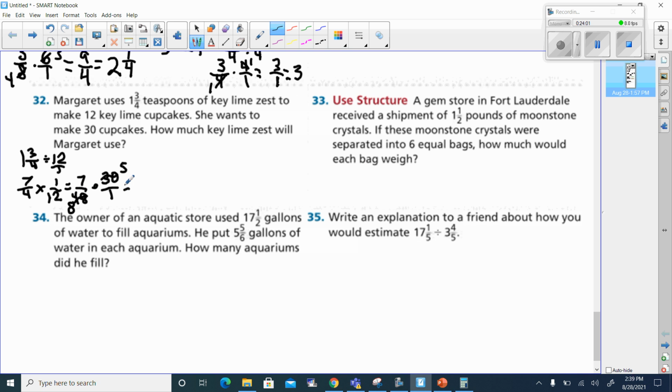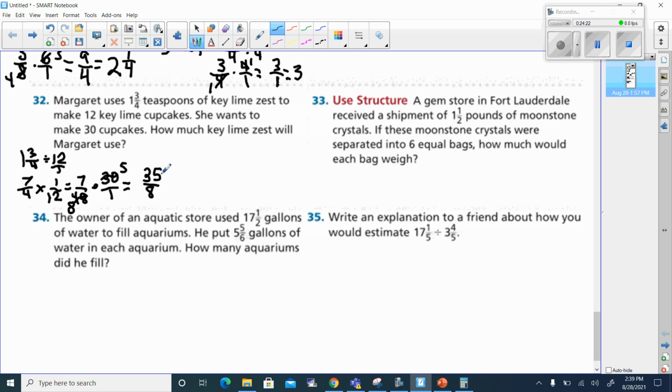Now I know 7 times 5 will be 35. I know 8 times 1 will be 8. And I have my improper fraction, 35/8. I know 8 goes into 35 4 times, because 8 times 4 is 32.